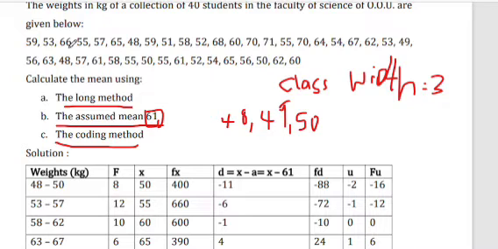I'll start from 48. If I see 48, this is 48, 1. This is 49. 49 is between 48, 49, and 50. This is another 48. Now let's look at this.